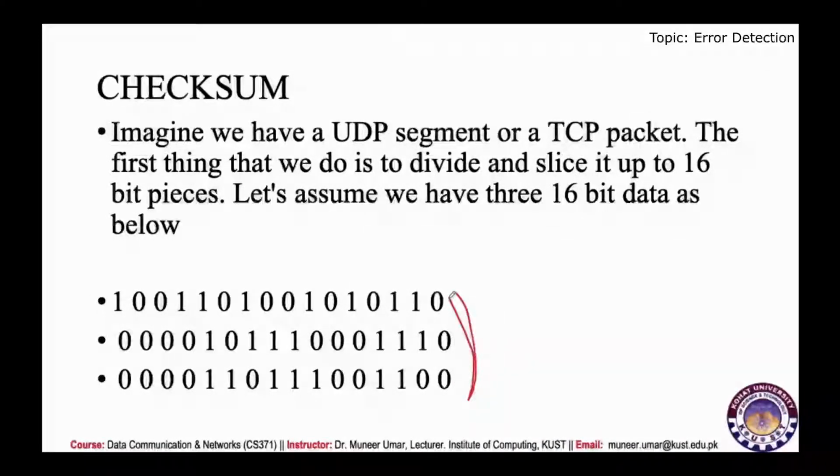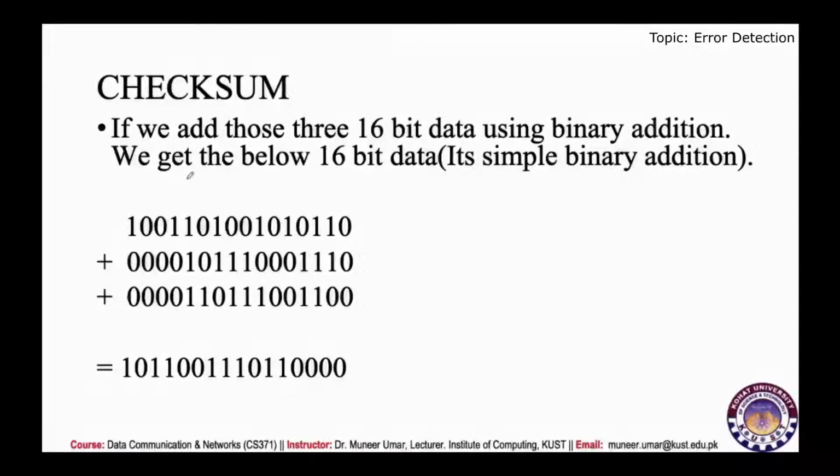So what will happen? The sender will add these three blocks of 16 bits each by using binary addition, and below the sender will get 16 bits of data from this binary addition.